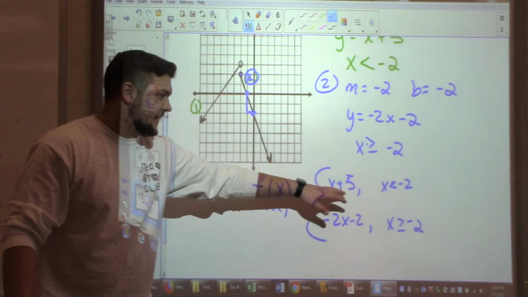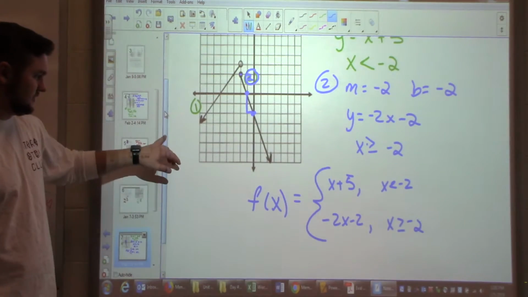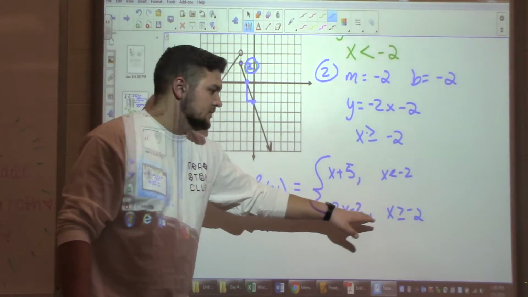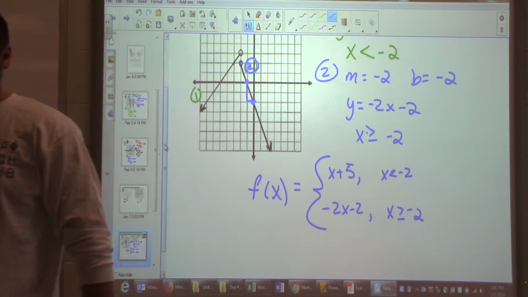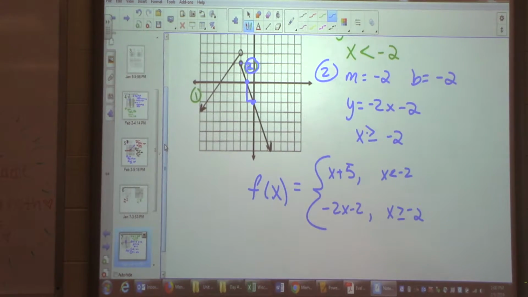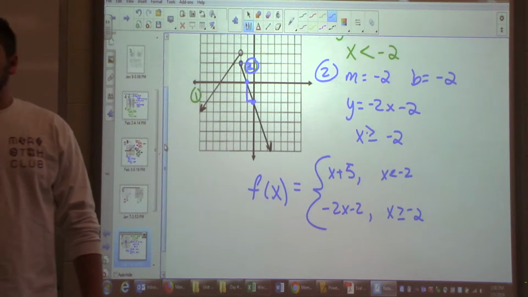Right? x plus 5 if x is less than -2. -2x minus 2 if x is greater than or equal to -2. Does that make sense?